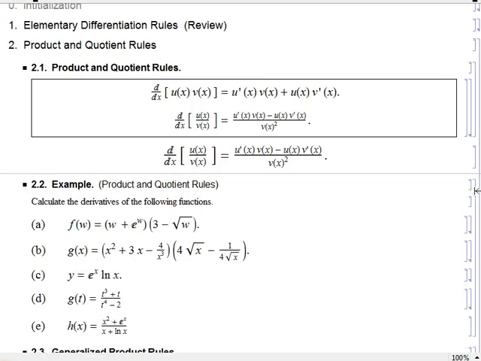Consequently, I'd rather emphasize my convention here, u prime v plus uv prime, and then u prime v minus uv prime, so that you have only one thing to remember, and everything is consistent from that point on.